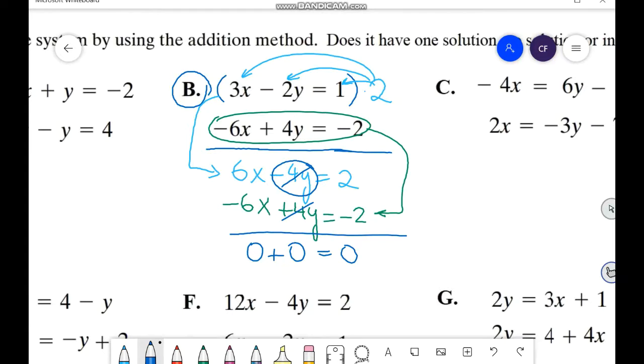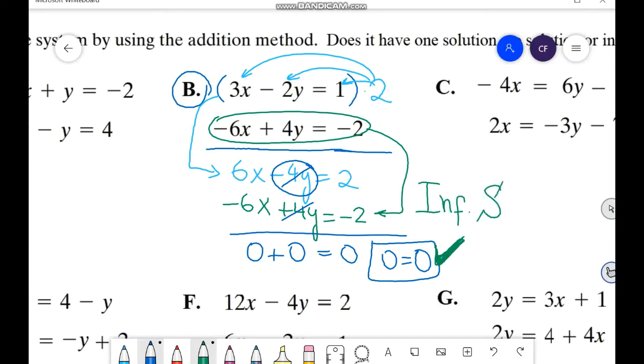The solution here is 0 equals 0. And when you have a true statement like that, remember the example? What's going to be the solution for this system? If we have a true statement, 0 equals 0, this is going to have infinitely many solutions.